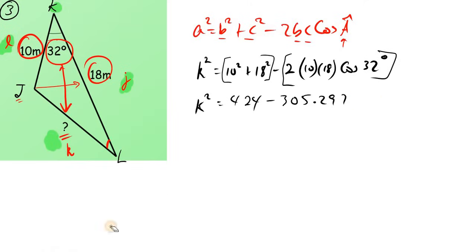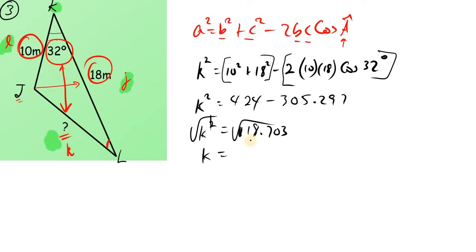So all of these will go. And so I'll say K squared is equal to, so I'm going to work that out, 424 minus 305.297, and that will give me 118.703. So K is equal to, now I need to remove the square root, so I square root both sides.